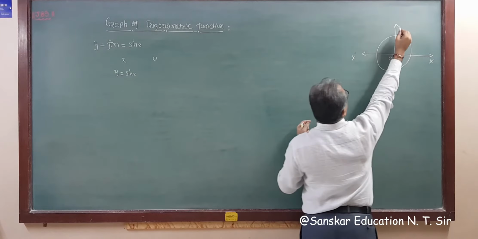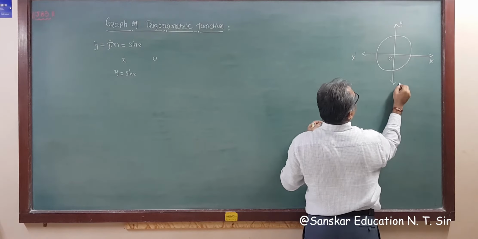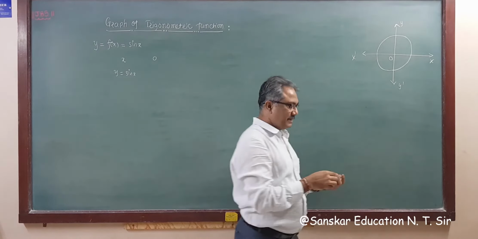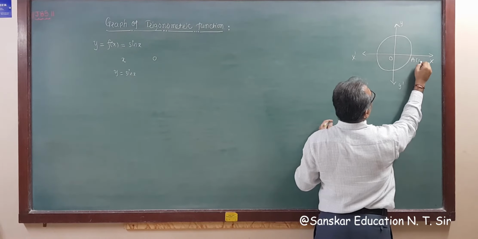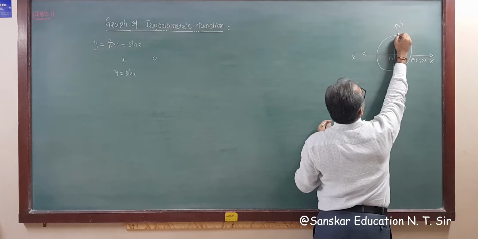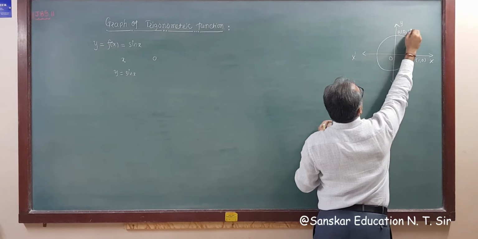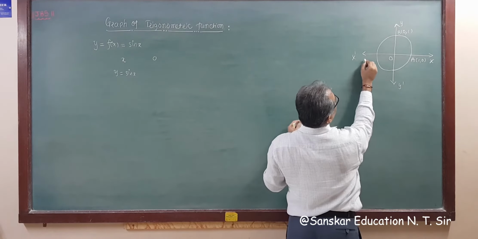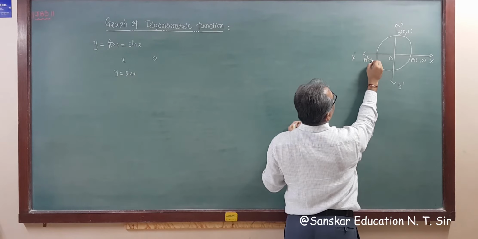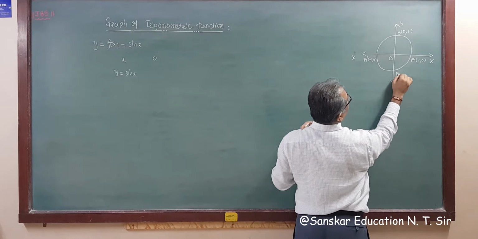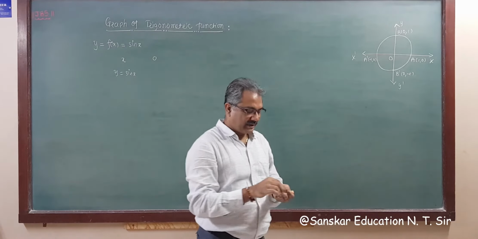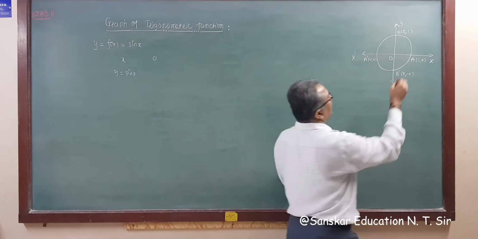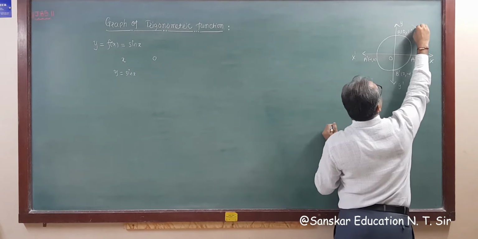This is the y-axis. Right? Now this point is A(1,0). This is B(0,1). This is A dash (-1,0), and this is B dash (0,-1) as usual. Right? Now if we go in the anti-clockwise direction, this is the anti-clockwise direction.